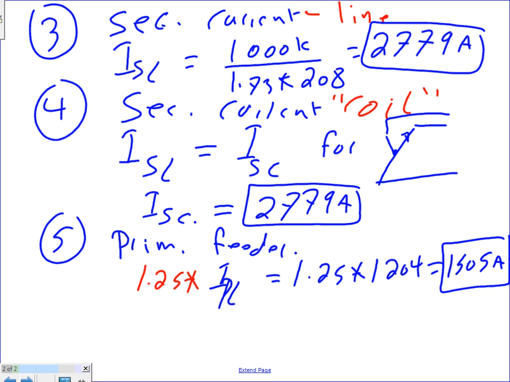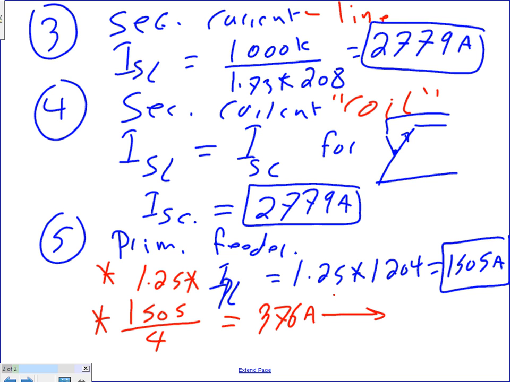Then we need to size them. Obviously, we're not going to find a conductor that can go that high. This is just the amps. The second one is the cable. You take 1505 divided by 4. Why 4? Because I decided to run 4 sets. If you decide tomorrow to run 6 sets, be my guest. That gives you 376 amps.